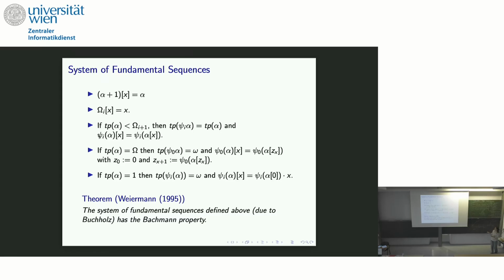If it is of this form, psi 0 omega at x, so what that says is basically psi 0 omega is epsilon 0, right? At x, this is a tower of omegas. So I need x many. So I need, in a way, to mirror that in the system that I have.